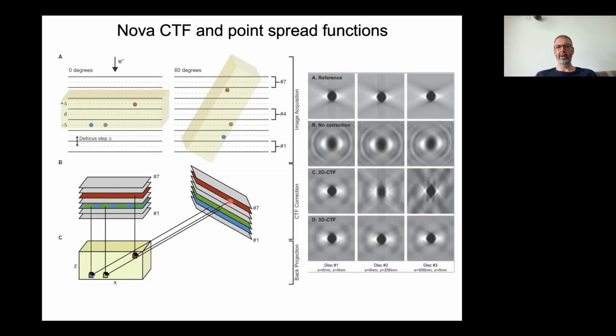So it will take your tilt images and apply multiple defocus values, but it will take the appropriate defocus value for the relative height of the specimen in your volume. So it can also correct for height differences within the volume. And this works very nicely.